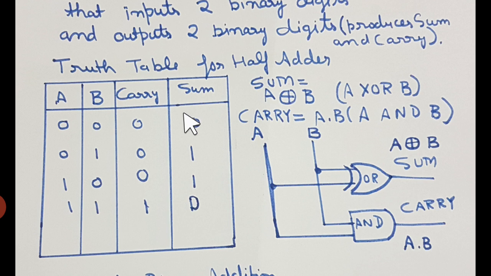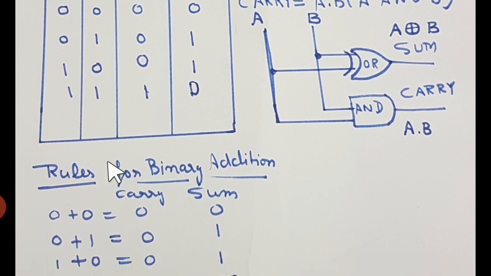Now inputs are: first row 0 0, second row 0 1, third row 1 0, and the fourth row is 1 1. Now we write the outputs. One column is of carry, the other column is of sum. All we need to do is write down whatever is written here.